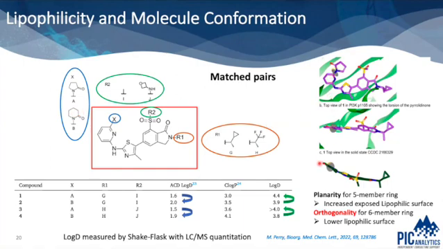So if one is more planar, you can envision that it will have more interactions with any lipophilic system, and this could explain the higher LogD. I'm sure that if they had done this with eLogD or any chromatographic method, they would have had maybe more accurate values of logD, but they would have been in the same trend.